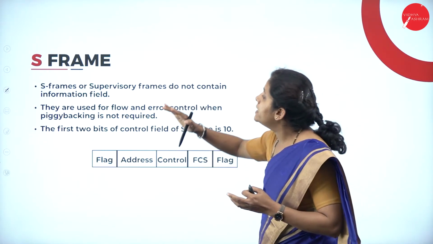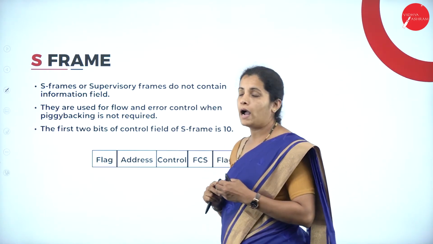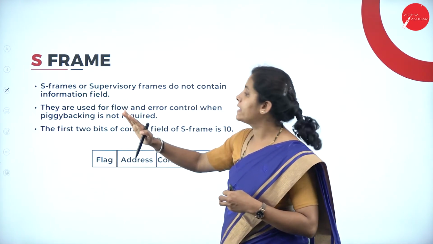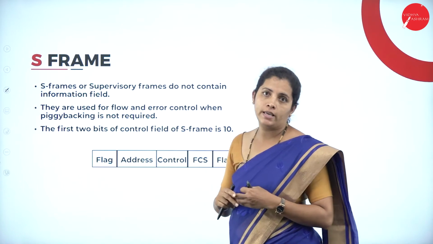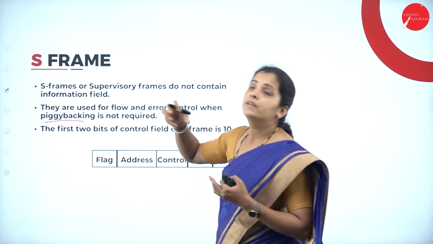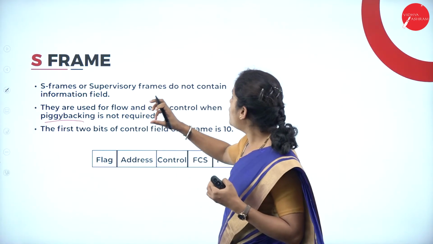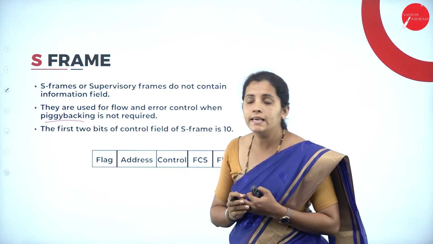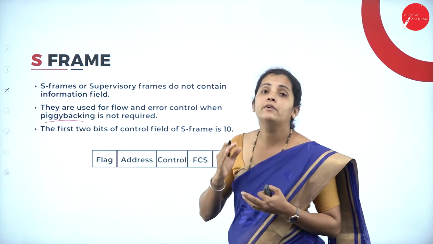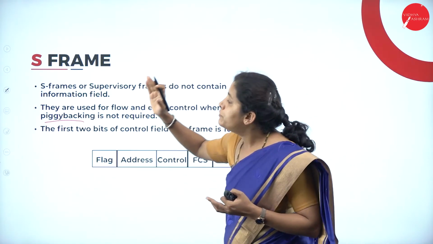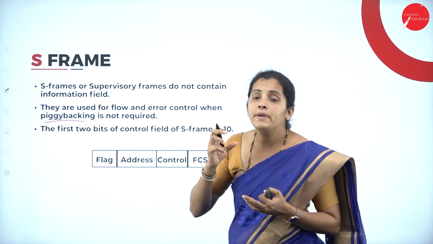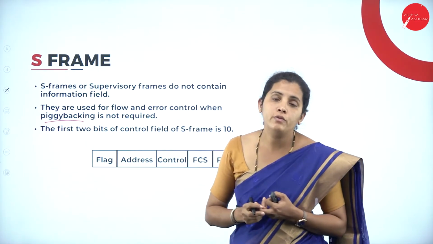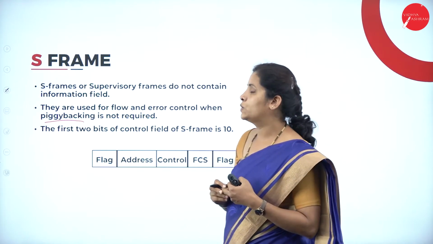It is mainly used for flow and error control when piggybacking is not required, whereas in the information frame, the piggybacking technique is used for flow and error control.